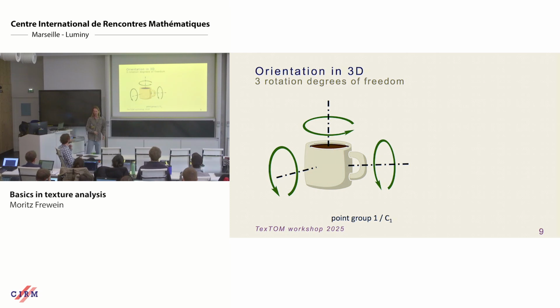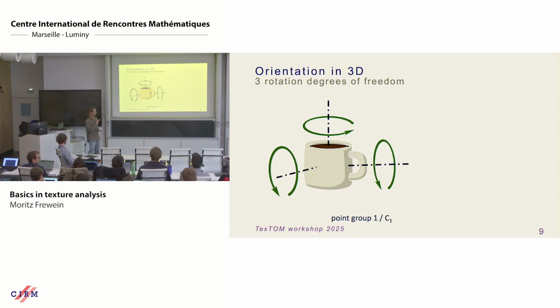Take a coffee cup here because it's a nice object that has no symmetry properties, no orientational symmetry. So if you have this state, for example, you need to rotate by 360 to get the same view, and also in all different orientations. But we see we have 3 degrees of freedom. We can rotate around this, and around this.